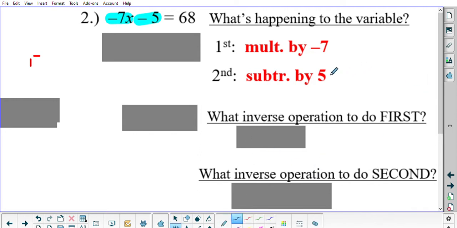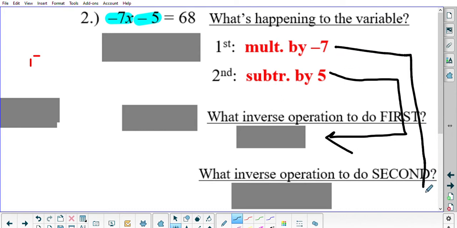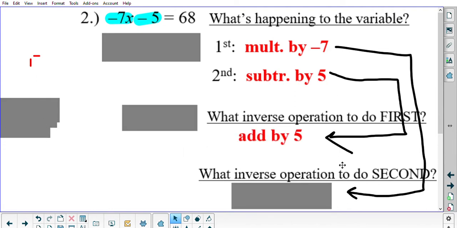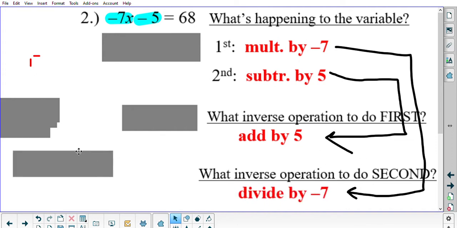Well, as I told you before, what was last will now be inversed first. What was first will be inversed last. And therefore, the first inverse operation should be the inverse of subtracting by 5, which is adding by 5. The second inverse operation should be the inverse of multiplying by -7, which is dividing by -7.